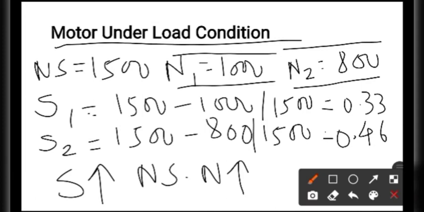In the first case, the difference between synchronous speed and actual speed is 500, and in the second case it is 700. So when the difference increases, the first effect is that slip increases, the second effect is that flux cutting between the rotating magnetic field and rotor conductor increases. Therefore the EMF induced in the rotor conductor also increases. So this is the effect of load.